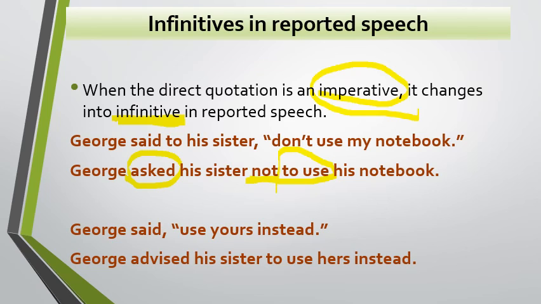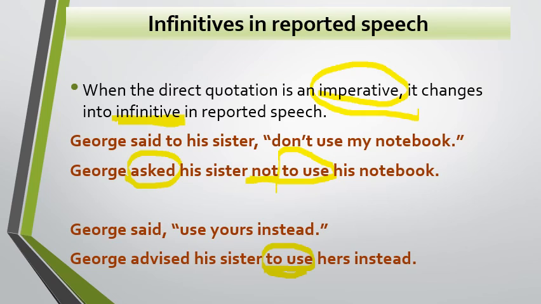George said, "Use yours instead." George advised his sister. You can also say George said to his sister to use, or George ordered his sister to use hers instead. Look here, we said hers instead of yours.